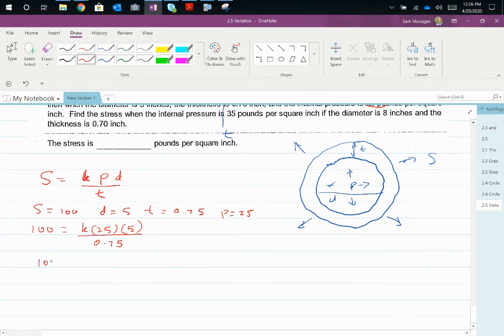So this is 100 is equal to 125K divided by 0.75.